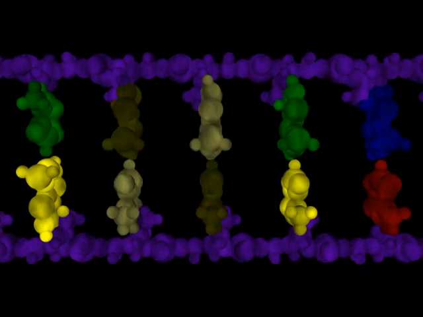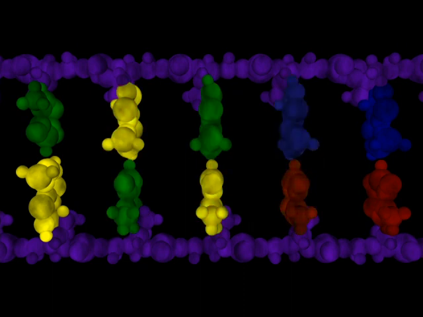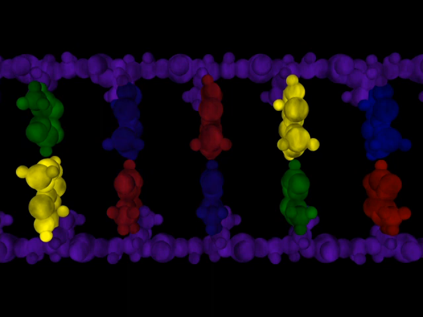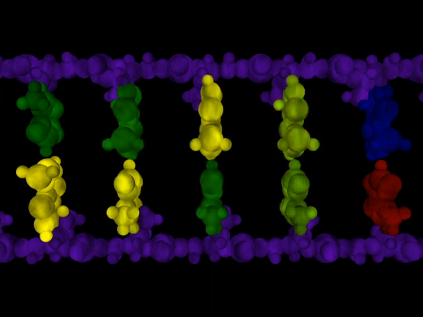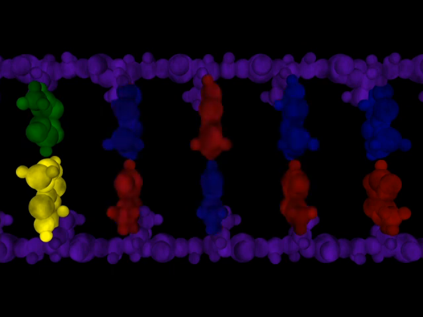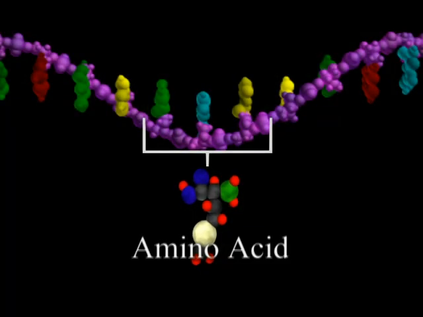However, 3 bases along a strand of DNA can yield 4 times 4 times 4, or 64 possible combinations, more than enough to code for 20 amino acids. Experiments by Francis Crick, one of the discoverers of the structure of DNA, in 1961 confirmed that the genetic code is in triplet. 3 bases specify 1 amino acid.